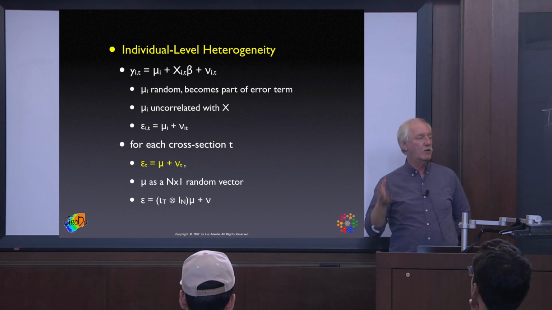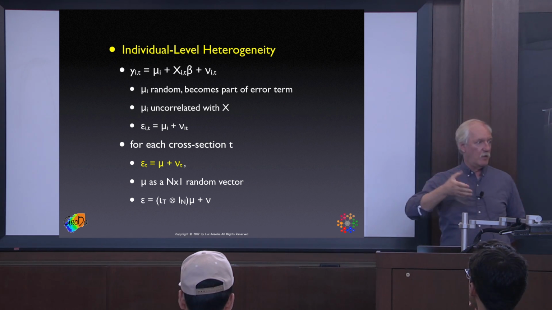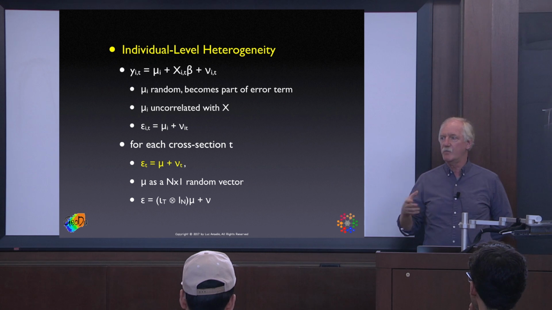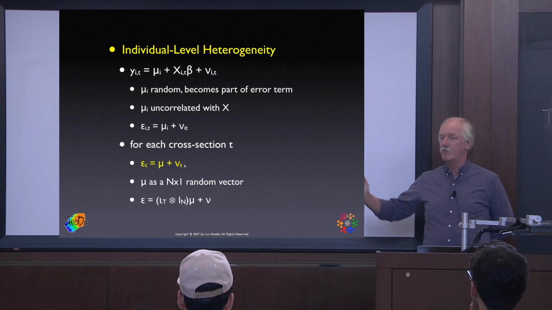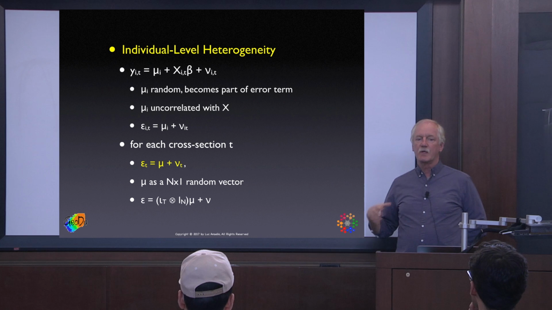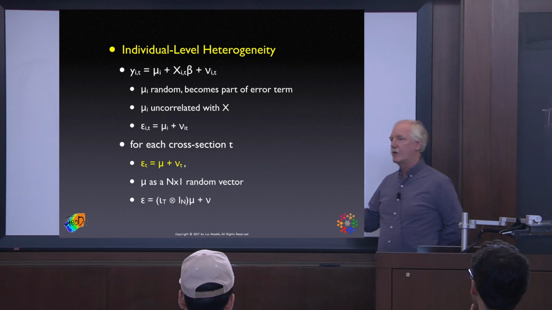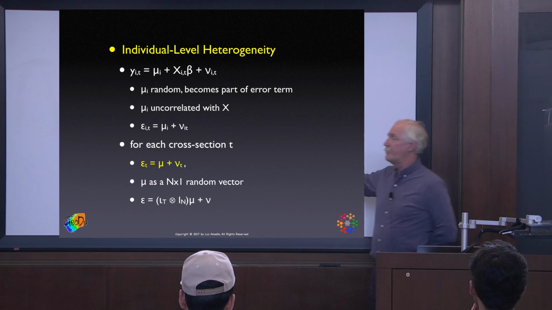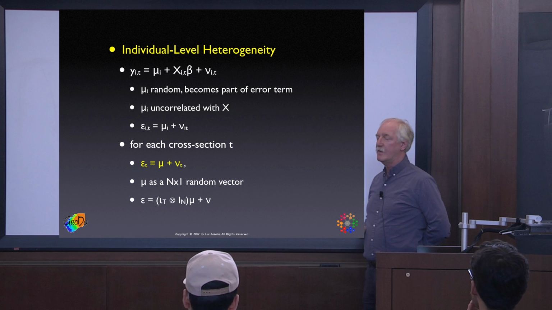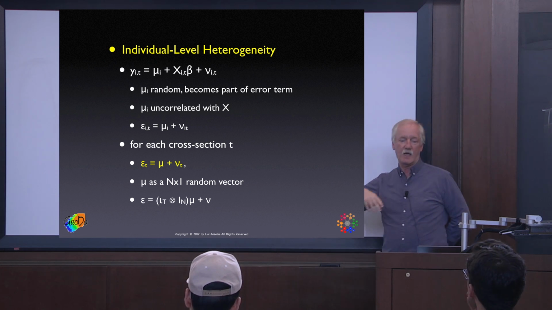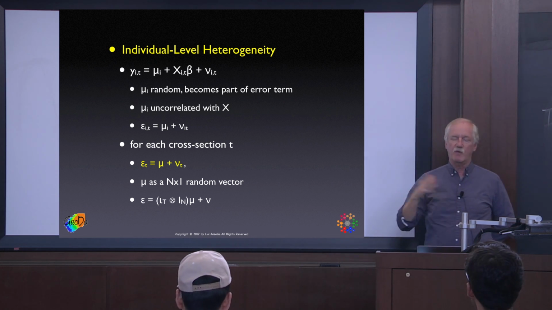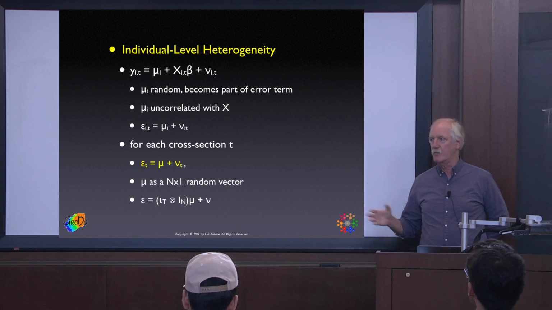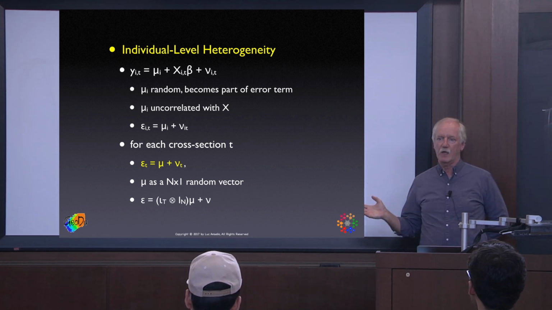Rather than including a dummy variable, an indicator variable, as one of the explanatory variables, one of the x's, now we put the heterogeneity in the error term. So now we have two error terms, one that is specific to each individual, this mu i, and then one that is kind of generic. It's referred to as idiosyncratic, so basically the leftover.